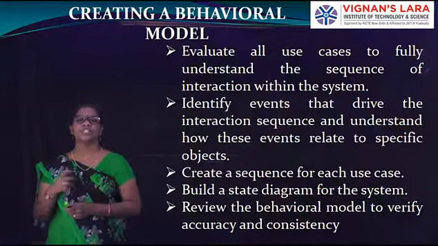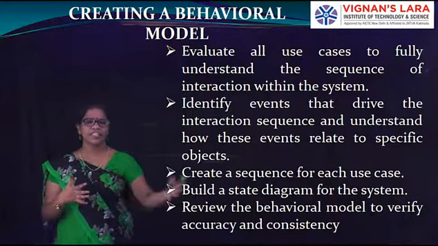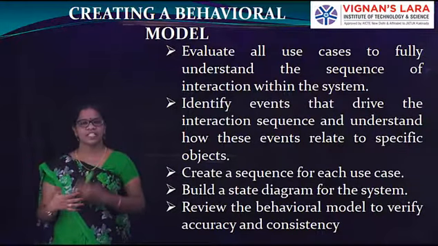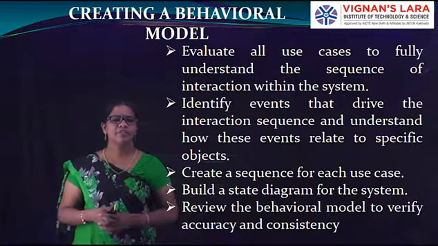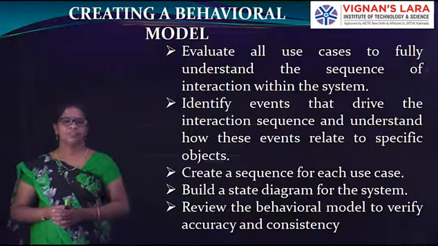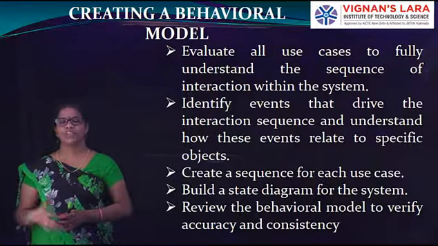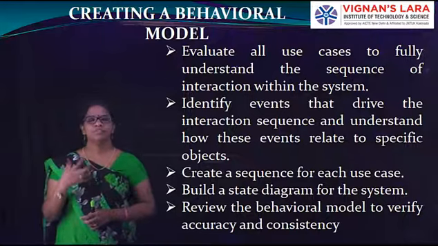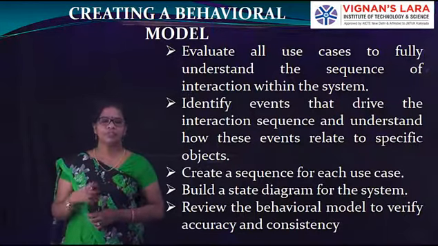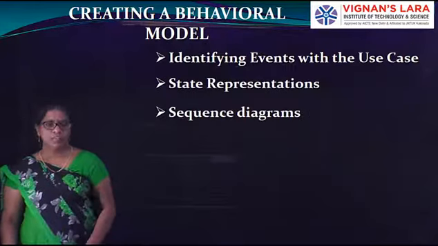If an external event occurs, what state will it go to? Okay. Review the behavioral model to verify accuracy and consistency, to see how perfectly it is working and how perfectly we are getting the output. For that purpose, we go for the behavioral model.